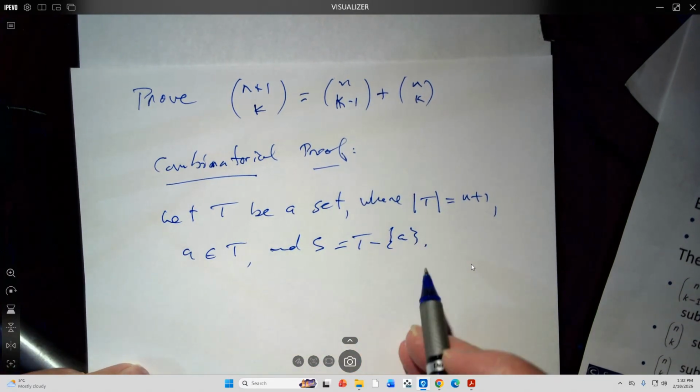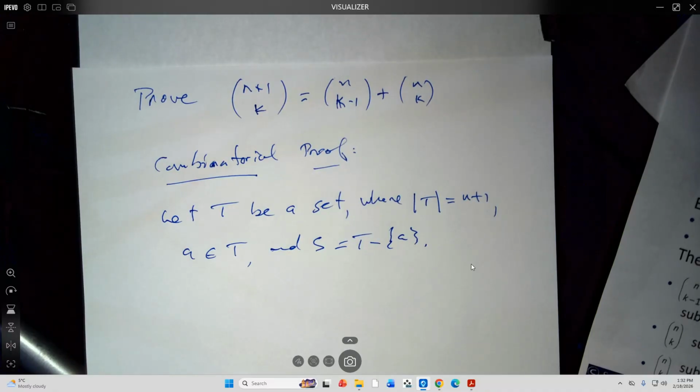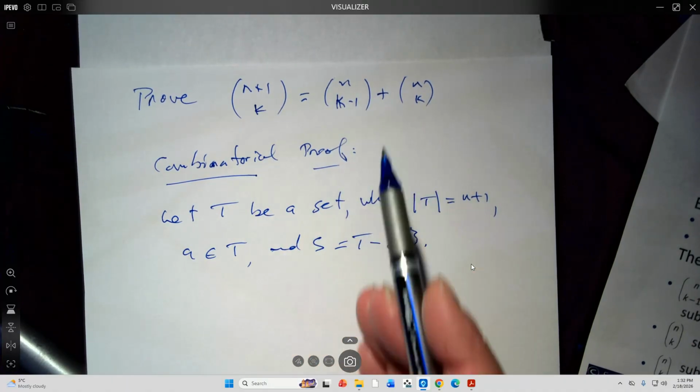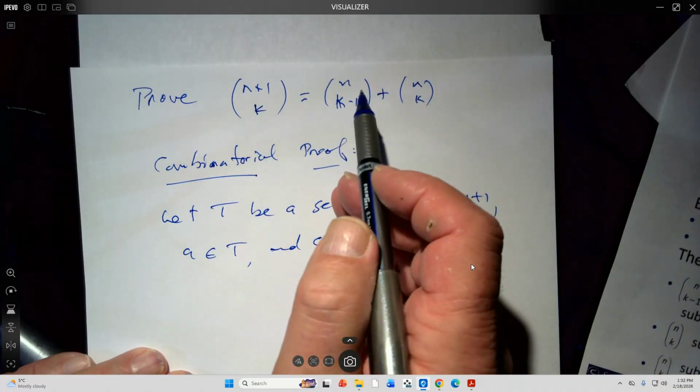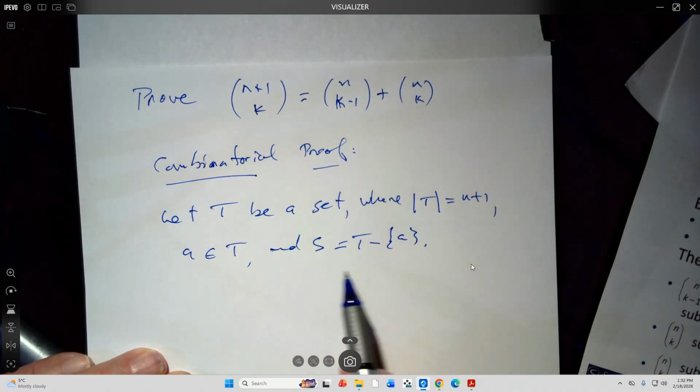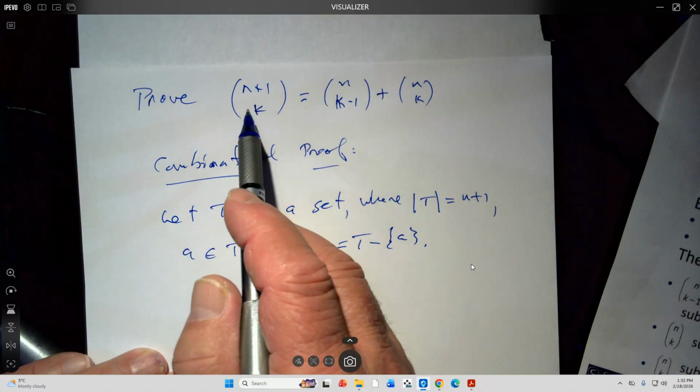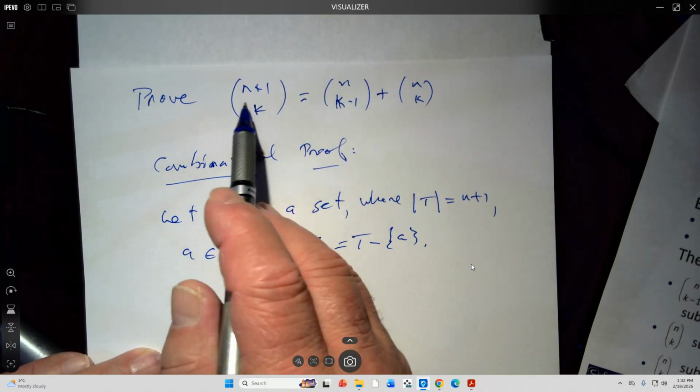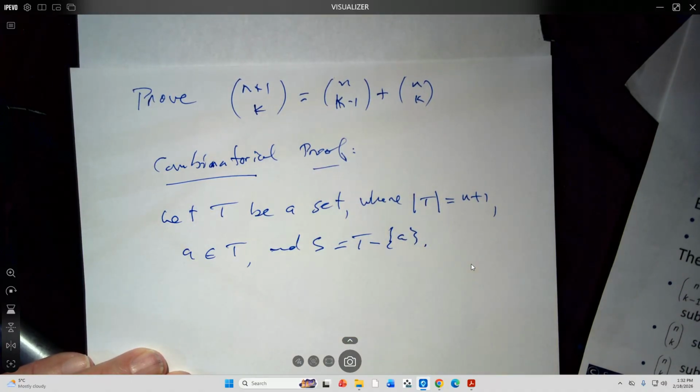So the reason why we're doing this is we're picking out of a set a particular element to reflect the structure of this proof right here. So that's the setup here. We're going in the direction of showing the difference between the two rows of Pascal's triangle.